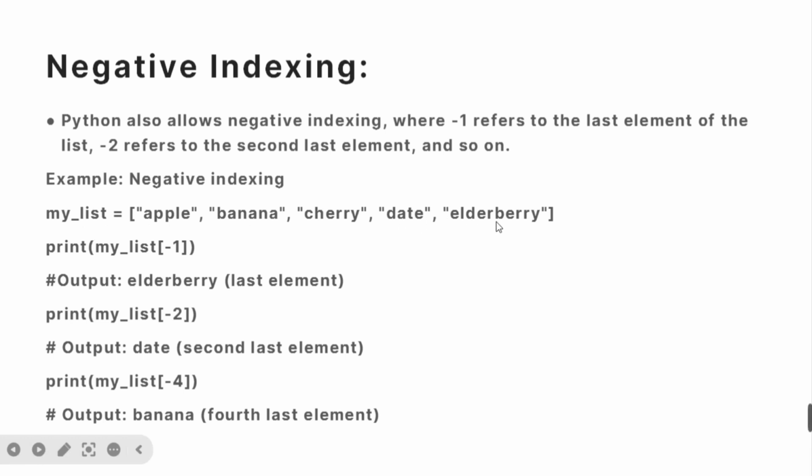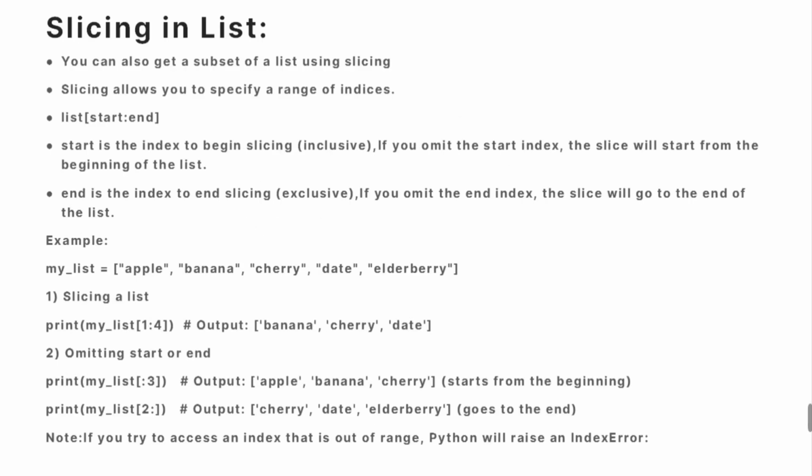Here if you print my_list[-1], it is going to print the last element of this list, that is elderberry. Then if you print -2, the output is date. And if you print -4, that is -1, -2, -3 and -4, it is going to print banana.